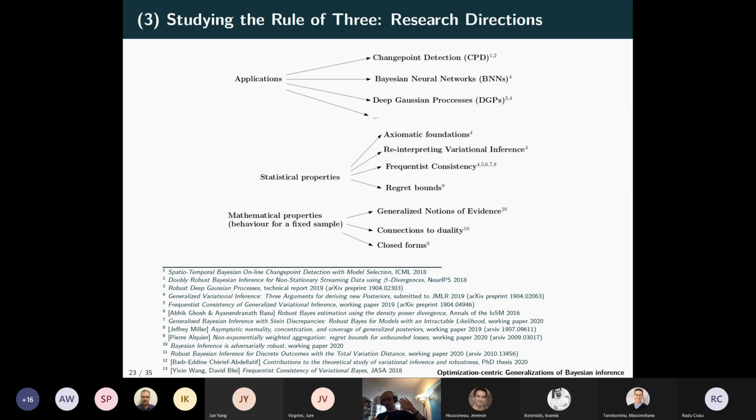Can I use those to reinterpret existing statistical methodology, et cetera. Whereas the mathematical properties really relate to properties of the optimization problem. So questions like, does the minimum exist? When does the minimum exist? Can I connect this infimum problem to a corresponding supremum dual problem, et cetera. And I'm interested in both classes of questions, obviously.